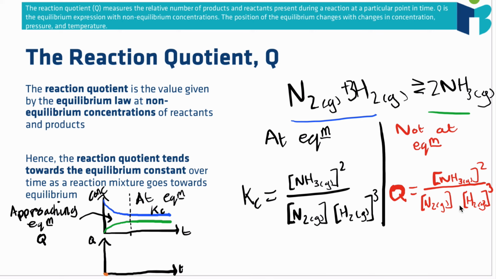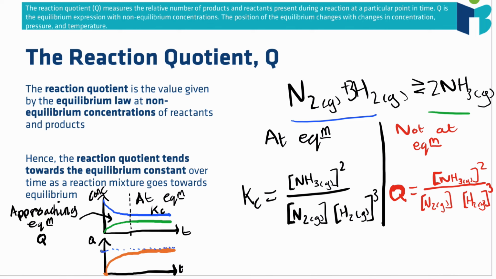And then as our reactants are used up and our denominator becomes smaller and our products are produced, the reaction quotient is going to increase. And as with seemingly all things when it comes to equilibrium, it's going to increase quickly at first, and then it's going to plateau. And we find that the value it plateaus to is going to be equal to the equilibrium constant.